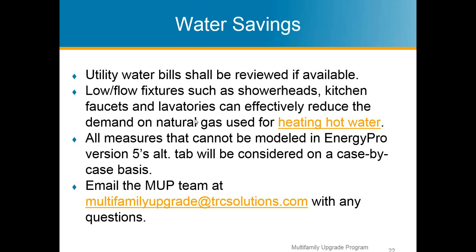The reason why we want to do it is that one thing is low flow fixtures, and when you're putting in low flow fixtures, that means you're going to be using less water, right?